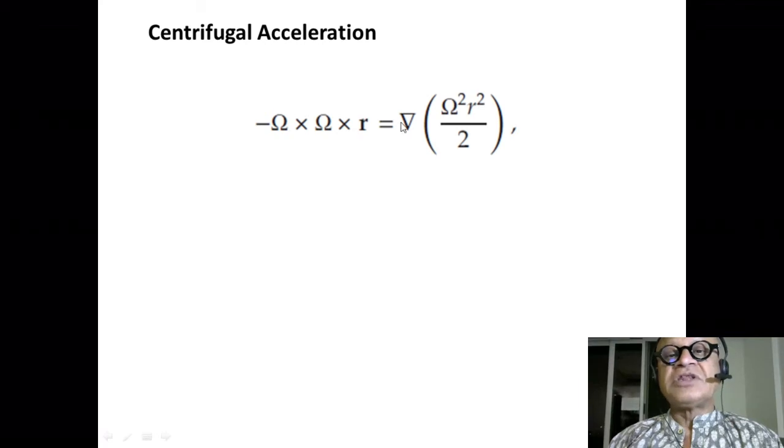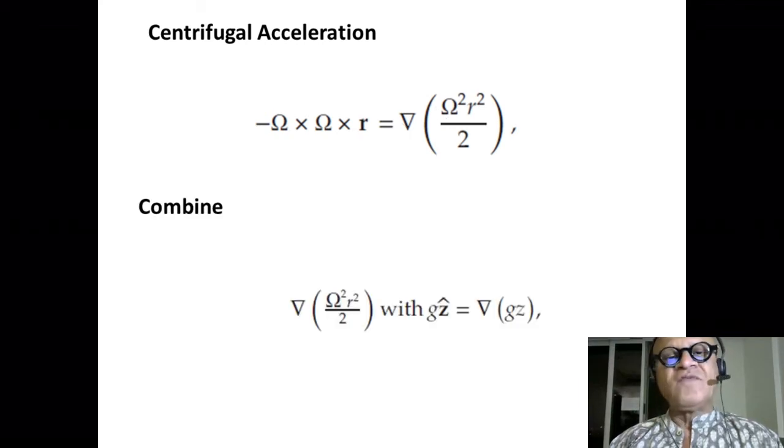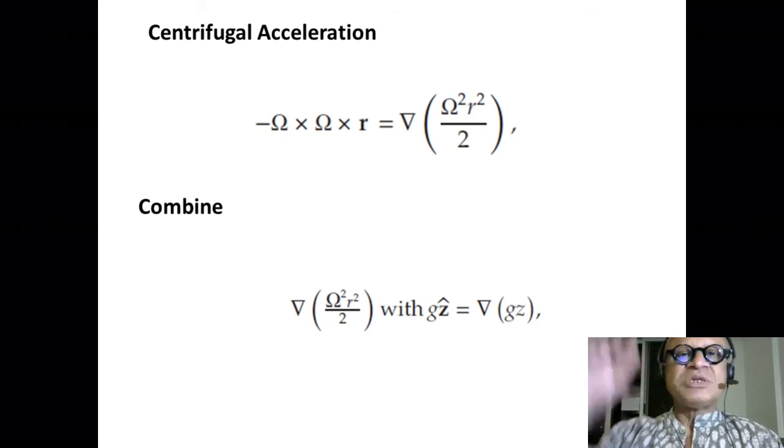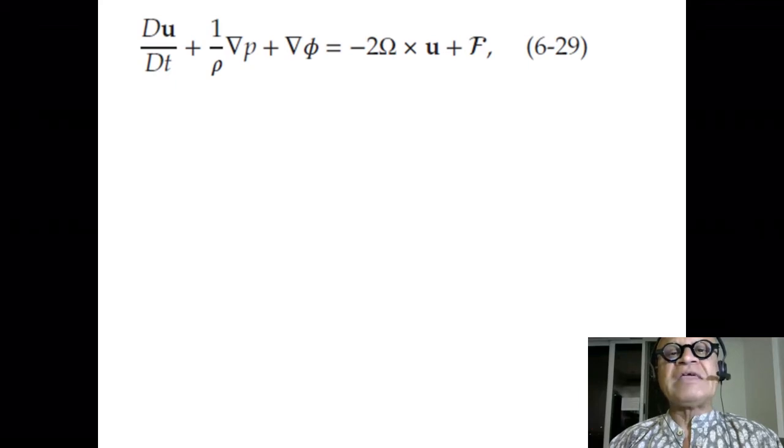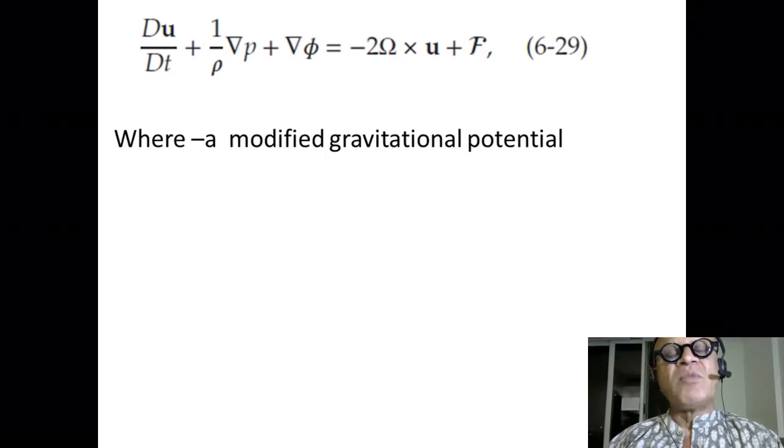So centrifugal acceleration can be written as a potential, and obviously we can also do the same with gravity. Gravity is essentially like potential work, right? So remember the ball on the hill, if we pushed it, it went down because of gravity. So gravity also can be written as a potential. I think you know where we're going with that. So we can combine these and we will get our old familiar modified gravity or measured gravity.